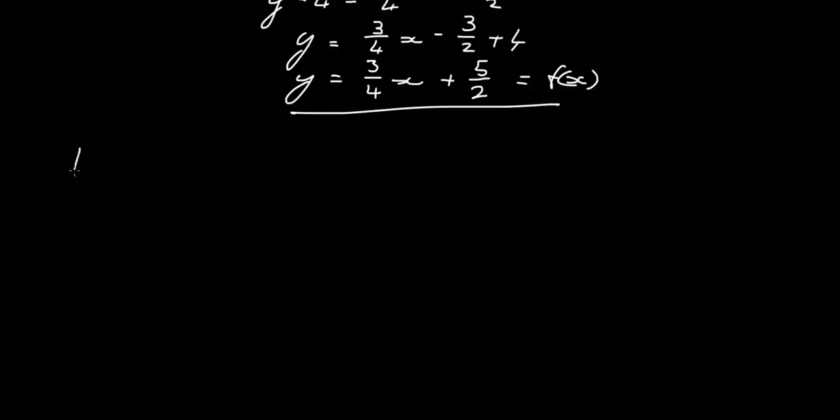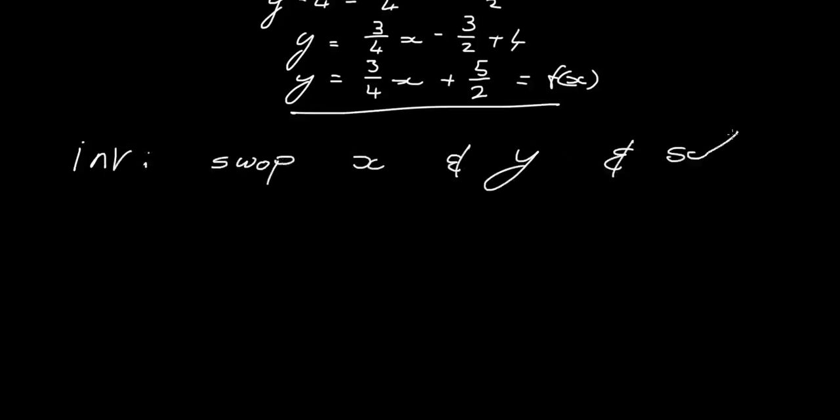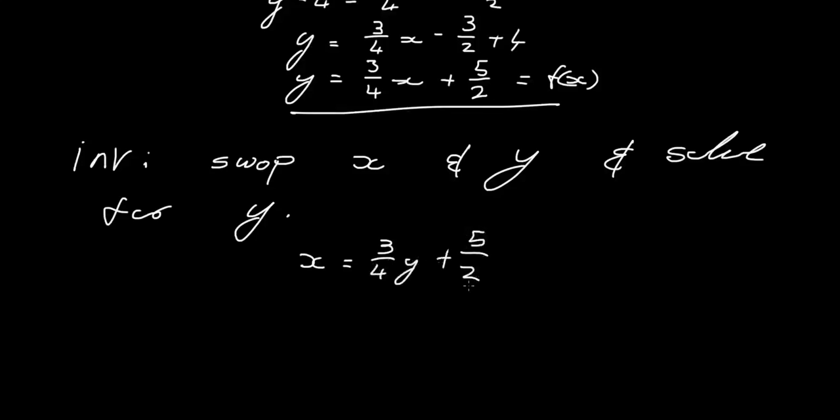Okay, so to get the inverse, we swap x and y and solve for y. So let's take this equation and swap the x and y. So we have x equals 3 over 4 y plus 5 over 2. Okay, and now all we have to do is solve for y and we will have the inverse.